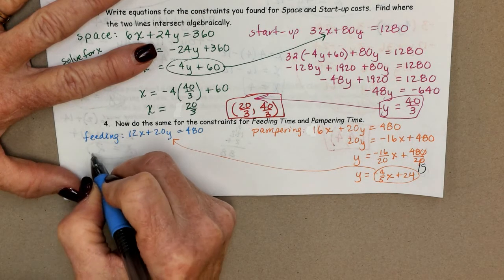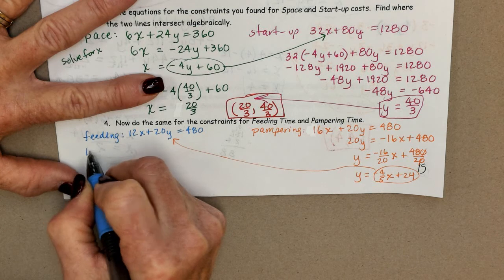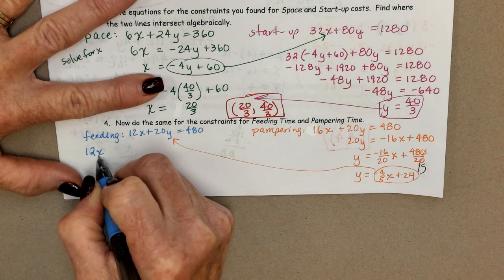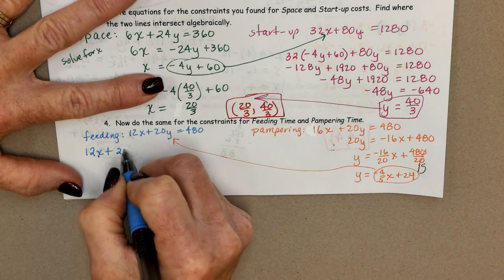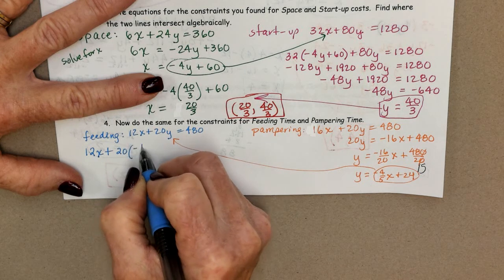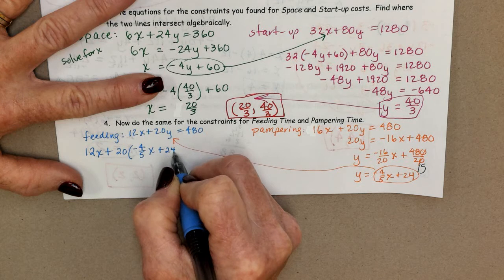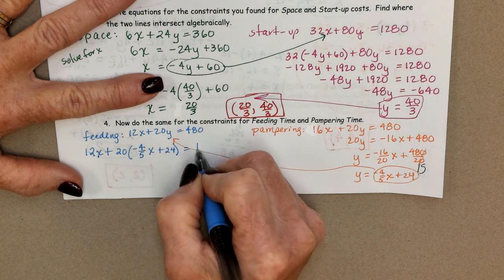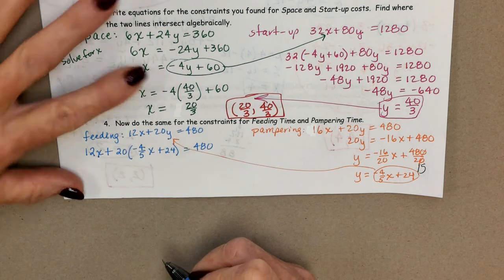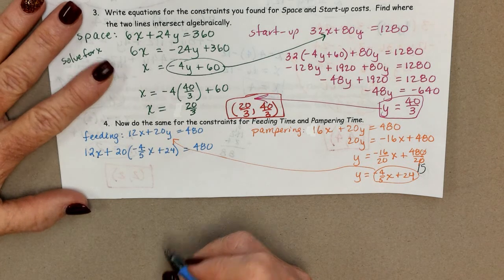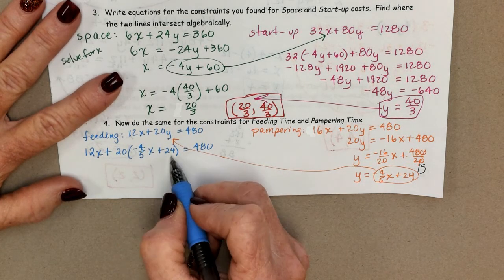I'm going to scooch over a bit so I have some room. So we have 12x plus 20 times negative 4/5 x plus 24 equals 480. We have to distribute that 20 through.